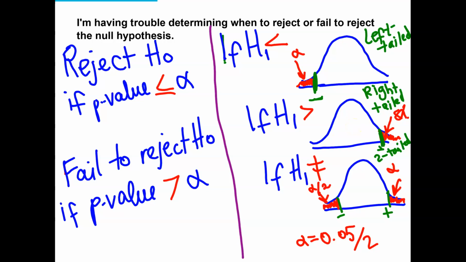What are the critical values? The critical value and the test statistic: for the population proportion, we use Z. For the population mean, we use T, the T statistic. For the population standard deviation, we use the chi-square distribution.